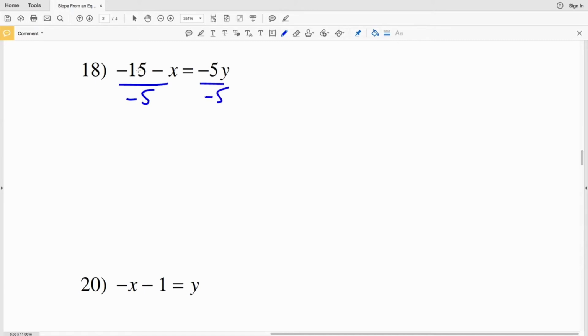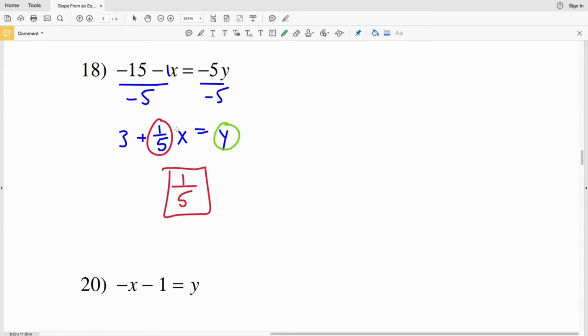In doing this, we get negative 15 over negative 5, which is a positive 3, minus x over negative 5, which is the same as 1 over negative 5 times x, but since we're subtracting that, we're really adding that 1/5 x. And that's equal to a positive y. So our slope for number 18 is 1/5.